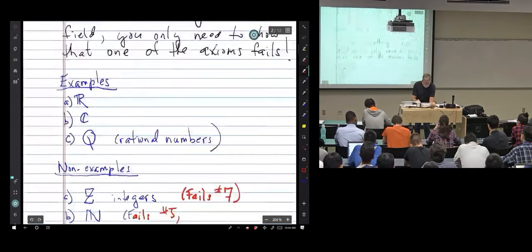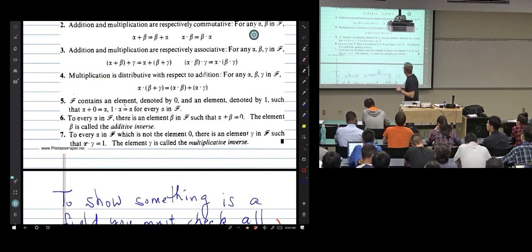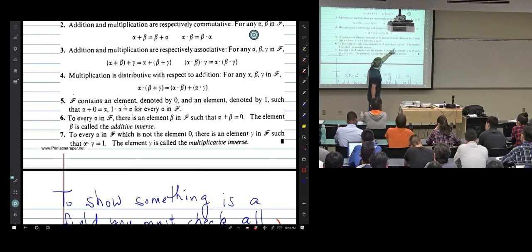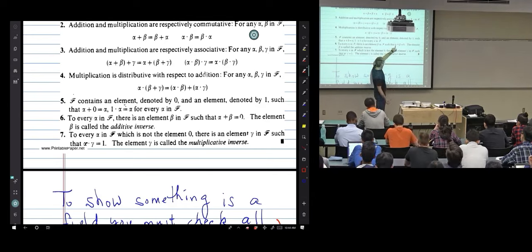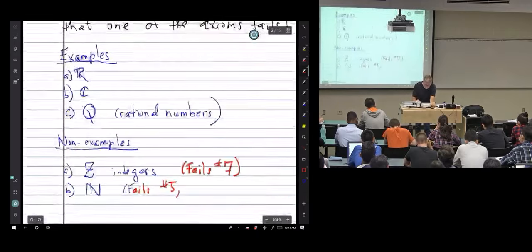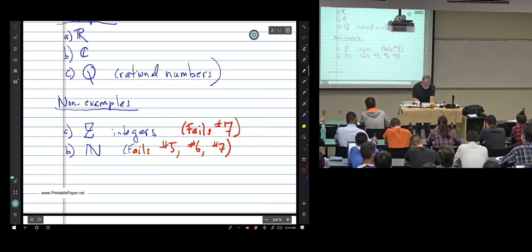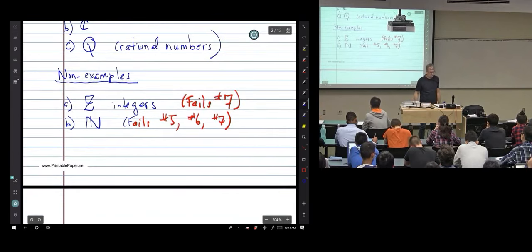I think numbers 6 and 7 as well. Yep, so they fail 6. What natural number can I add to 2 and get 0? Okay, so it fails 5, 6, and then there's no 7 either. So it fails 5, 6, 7. But I only needed to show one of those. Only needed to show one.